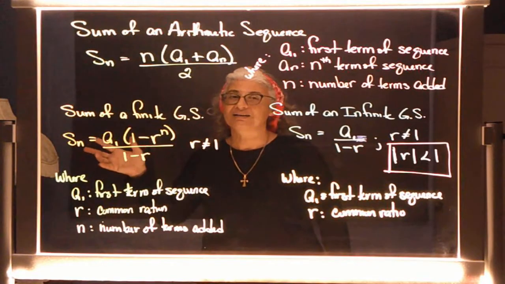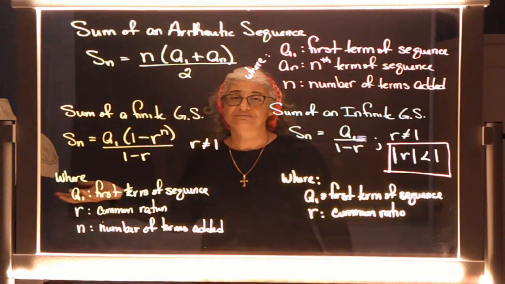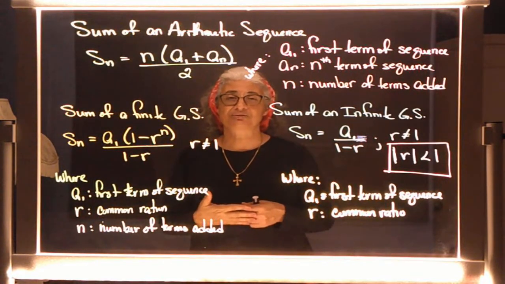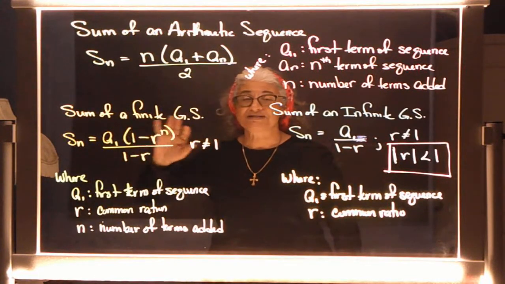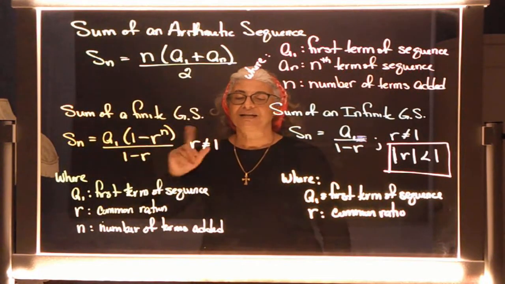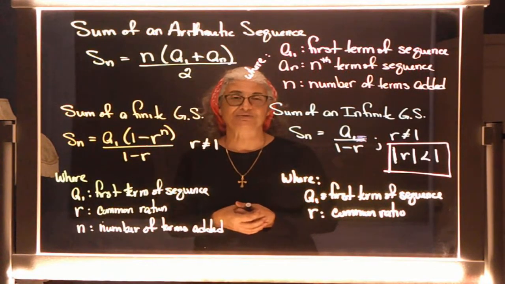Which is why at one point it looks like you're basically adding 0, which is why I can sum an infinite geometric sequence. Hang in there. I got some examples for us of summing arithmetic and geometric sequences.